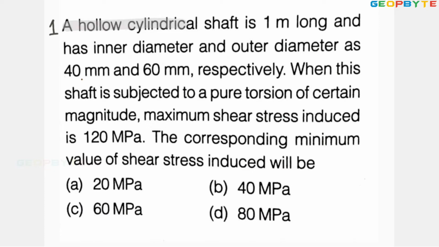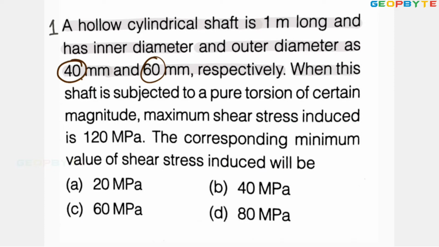A hollow cylindrical shaft is 1 meter long and has inner diameter and outer diameter of 40 mm and 60 mm respectively. It means this is the inner diameter, this is the outer diameter.